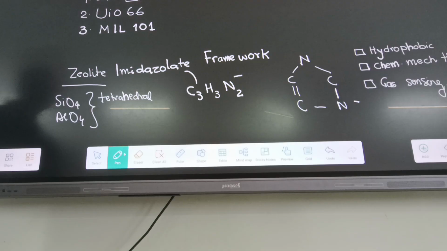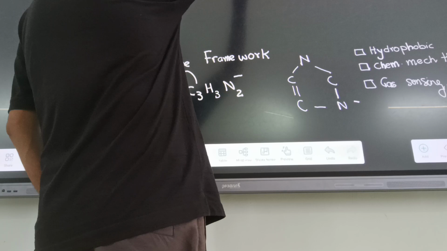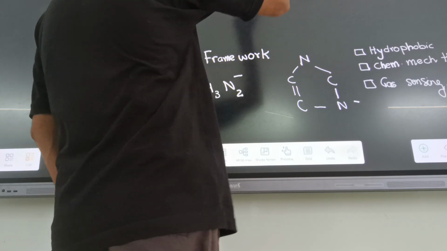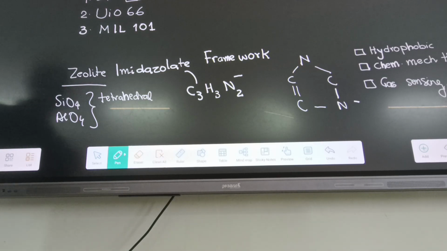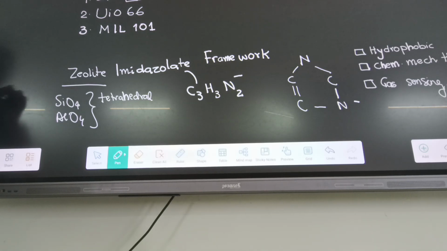अच्छा, जो सेकंड वाला है UIO, UIO मतलब इट्स यूनिवर्सिटी ऑफ ऑस्लो, गैस सेंसिंग में फैक्ट्रीज में यूज होता है, गैस लीक्स, गैस लीकेज, breath sensing, and also sometimes catalysis में यूज होता है.